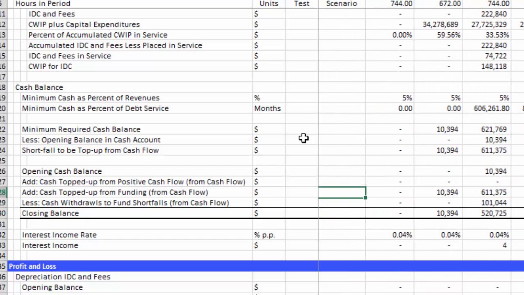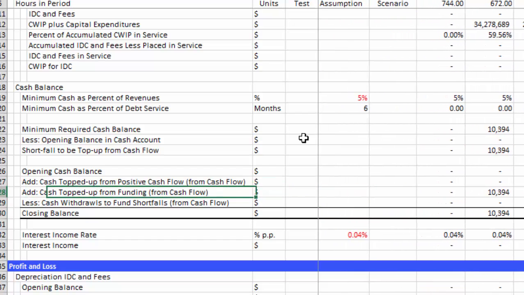Just a minute, I was looking for the closing balance. And then we can say, okay, no, we don't have enough. So we're going to top it up from the funding, and that's in the cash flow statement. I should put in, you get it from the cash flow statement.